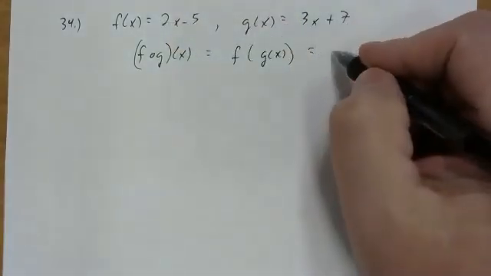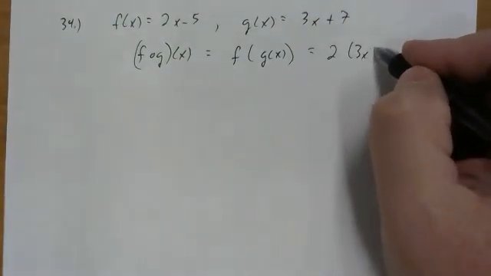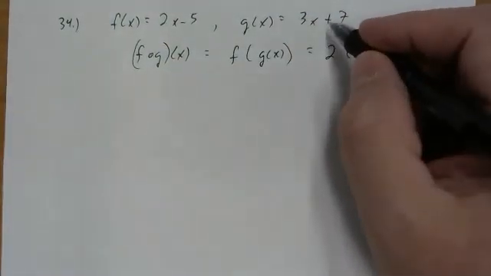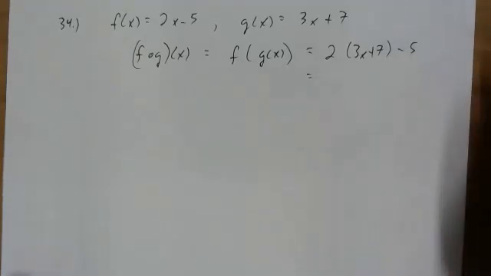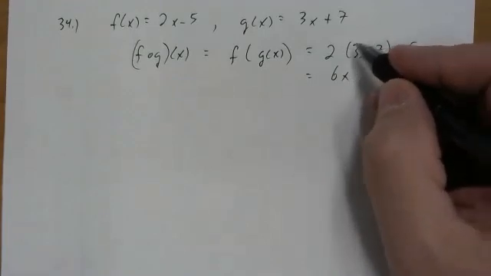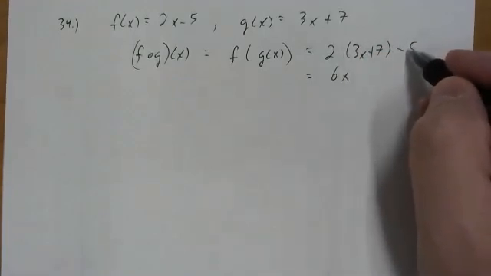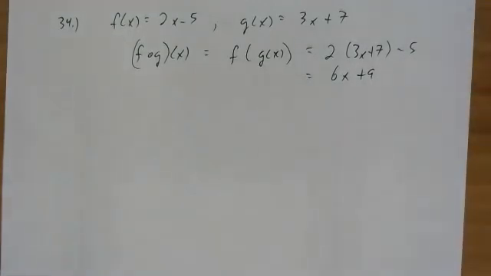So the f function is 2 times x, instead of x I put in the whole g function, minus 5. This is going to be 6x, 2 times 7 is 14, 14 minus 5 is 9, so 6x plus 9, hopefully.